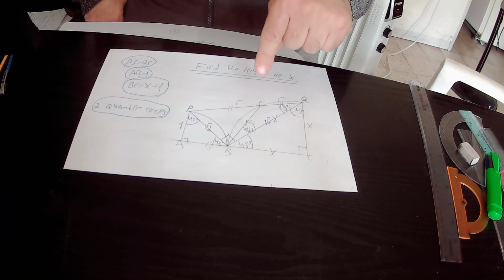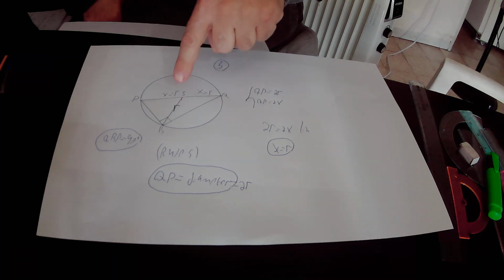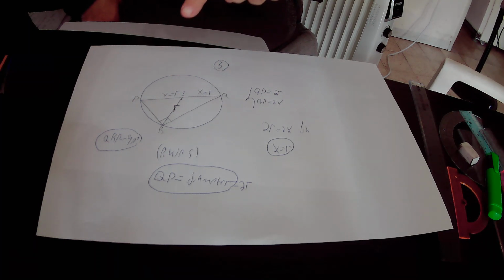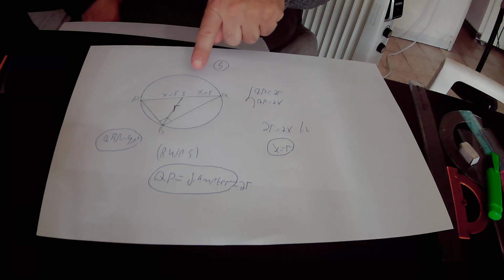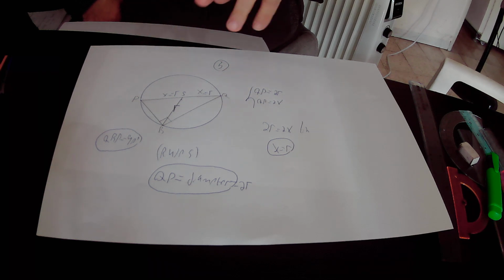Again, we join points S and B together by a straight line. SB is the radius of the circle, that is equal to r. So actually, PS, SB, and SQ, they are all the radii of the circle, that is equal to r.